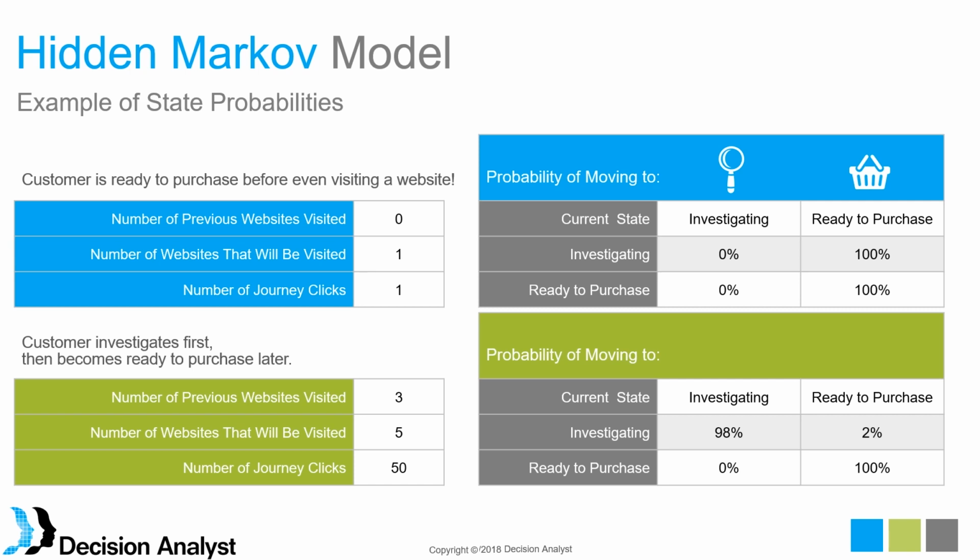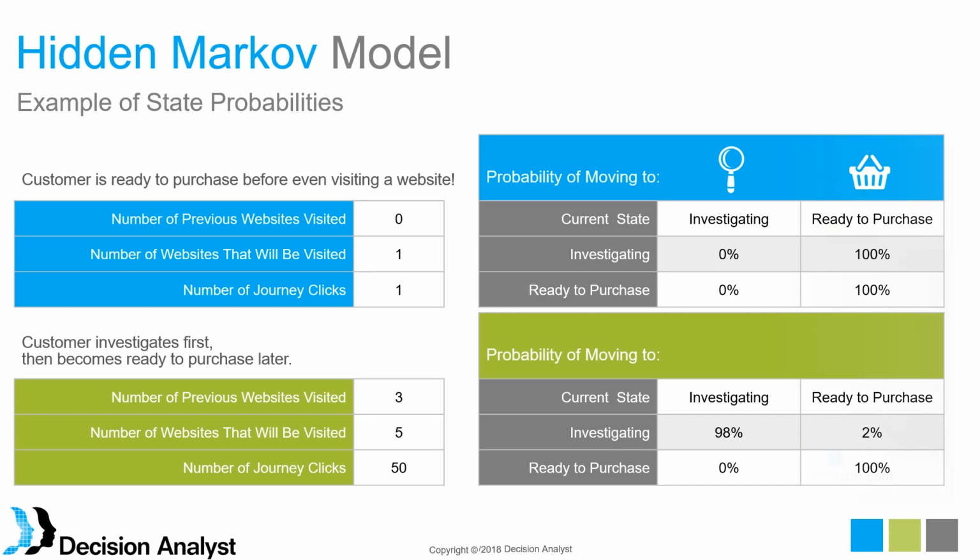And in this case, in the middle of the journey, when they have visited 3 websites and they're arriving at website 4, we could say that this person has still a high probability of staying in the investigating state when they hit this website, 98%, and only a small chance of moving to ready to purchase, 2%. But if they're already in the ready-to-purchase state, they have a high probability of staying in the ready-to-purchase state. And so that's how the transition probabilities work in a hidden Markov model.